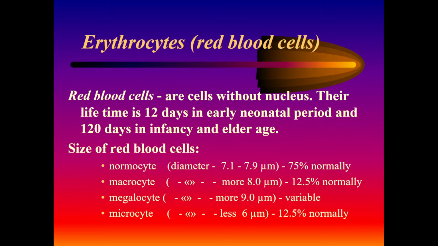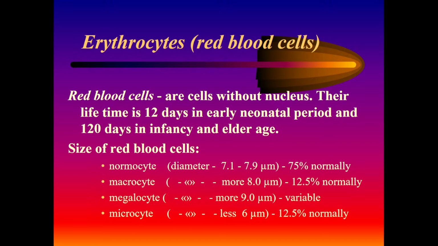Erythrocytes, red blood cells, are cells without a nucleus. Their lifetime is only 12 days in the early neonatal period and 120 days in infancy and older age. Please pay attention to it.